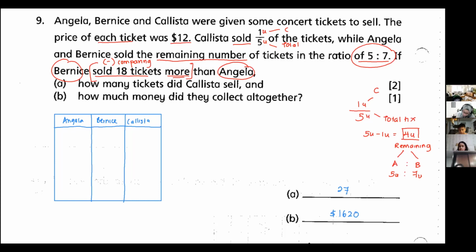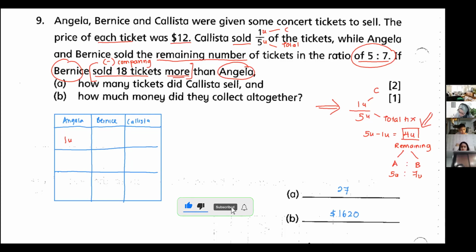Then we will cut up like that. Now we put in the information. We know that Callista has 1 unit, right? From here also we know that Angela and Bernice have a total of 4 units, correct? So 4 units is like this.